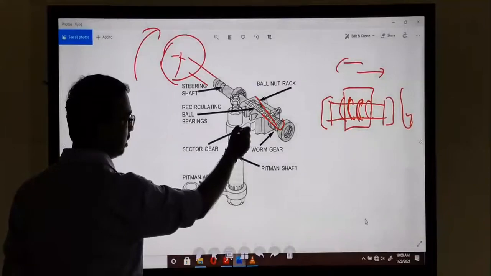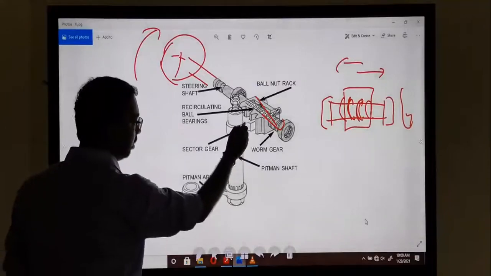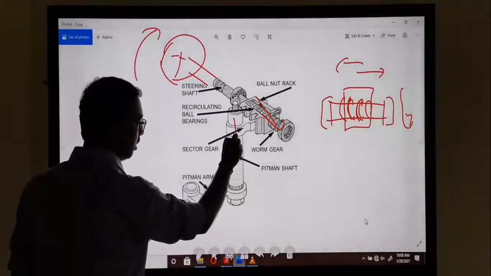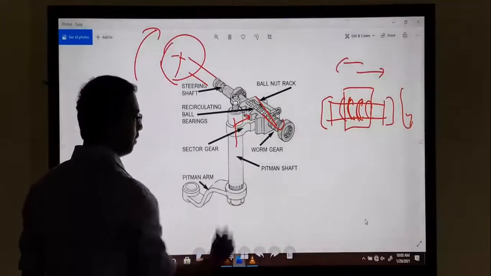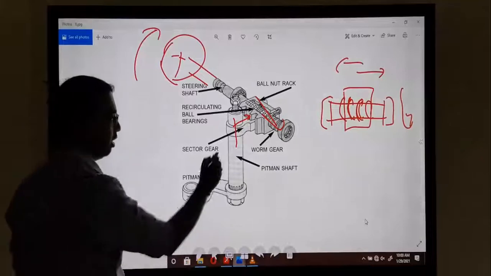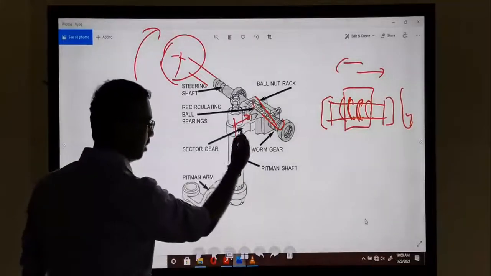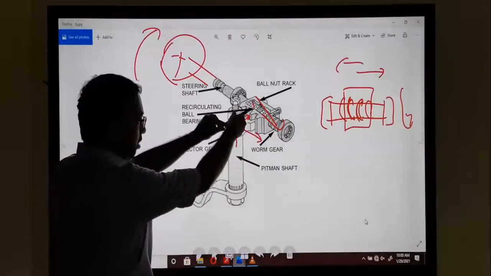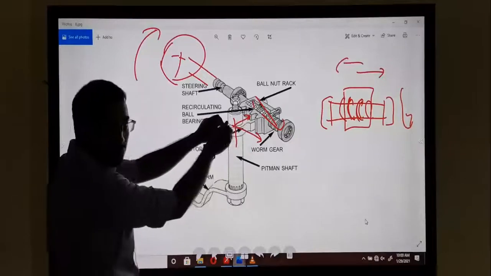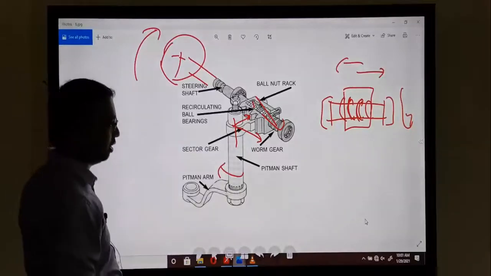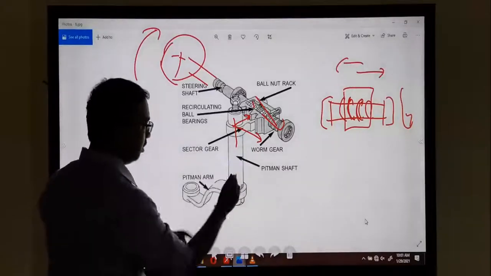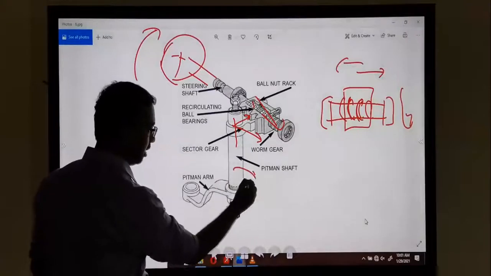This gear sector also moves, so the worm gear rotates a little bit like this. So the total gear sector shaft rotates a small rotation like this.